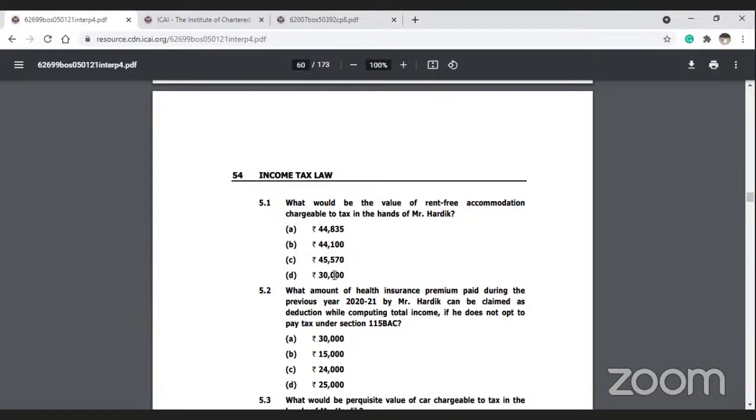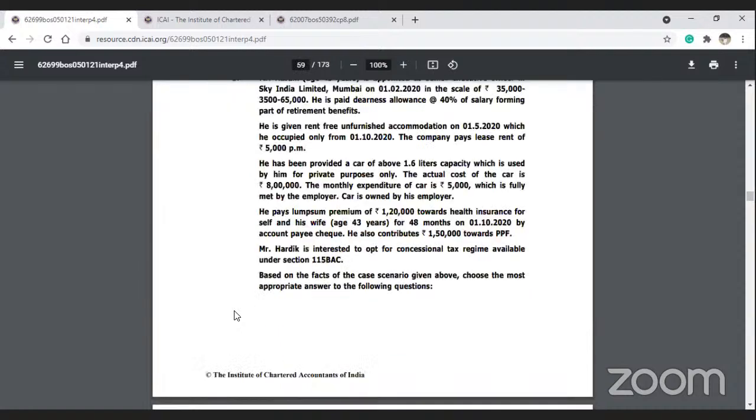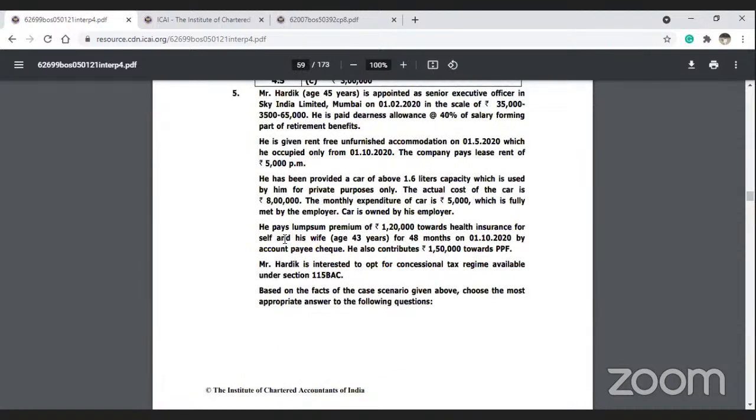So we will be adding 24,000 in the income. Why will you add a deduction? We paid the premium for that, we add the premium amount 24,000. But we can't add the complete 1,20,000. No, it is paid, it is an expense, he pays a lump sum premium.